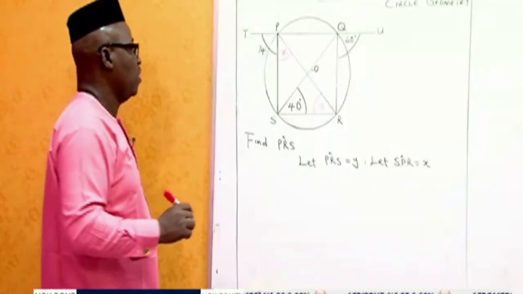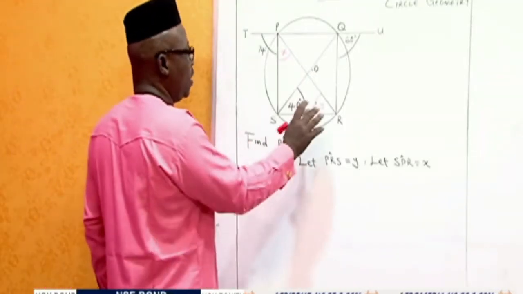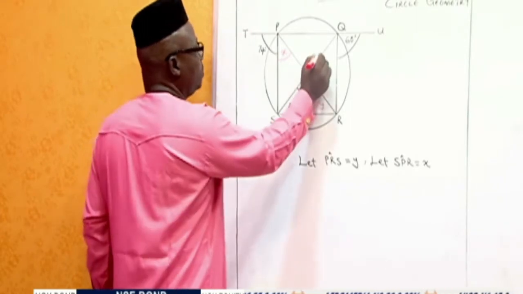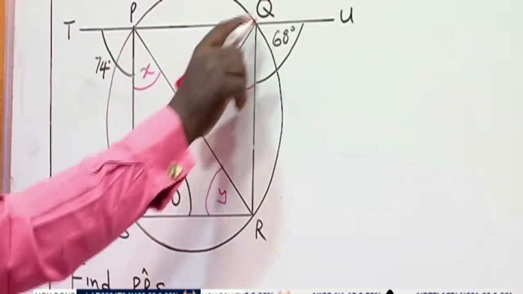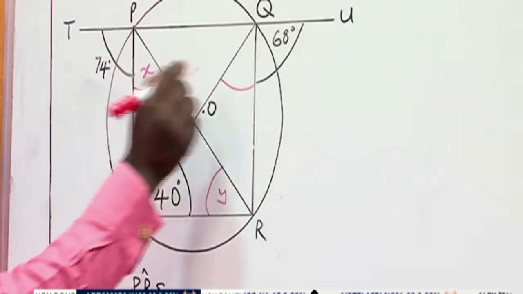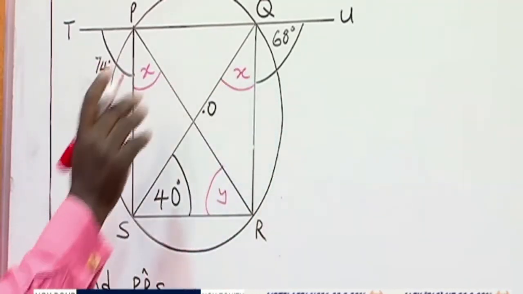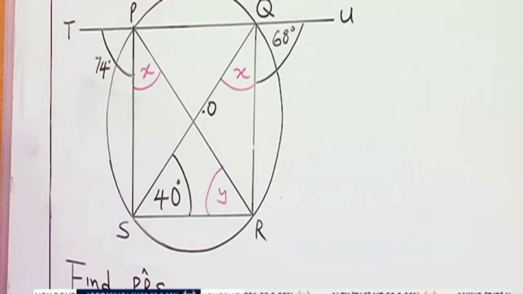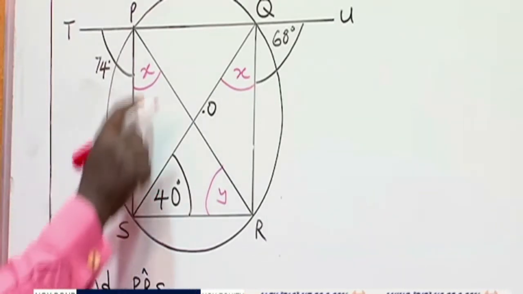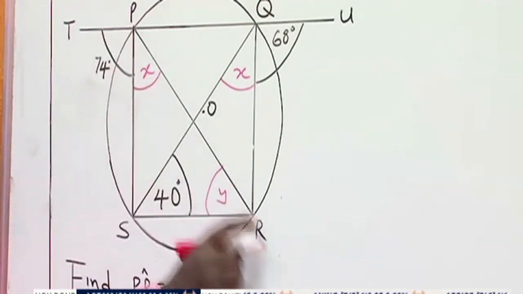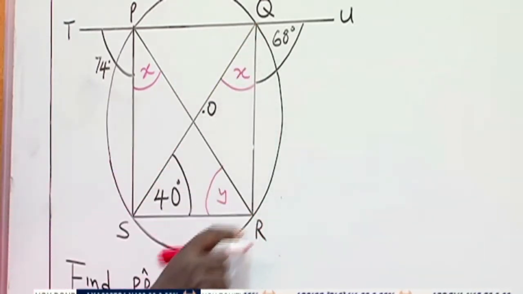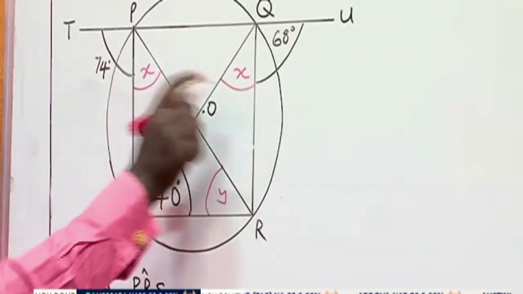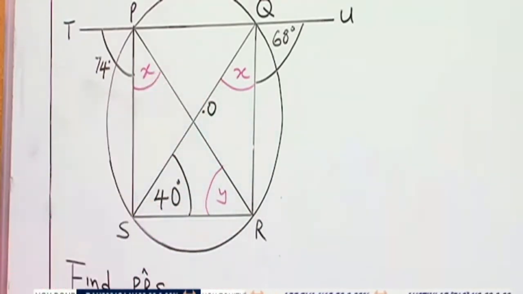So the first thing we'll do is to look at the theorems we have learnt before. Looking at this particular angle here, that is angle SQR, is going to be the same as x. The reason why SQR is x is because the two angles SPR and SQR are in the same segment. This and this are in the same segment, so they are equal.